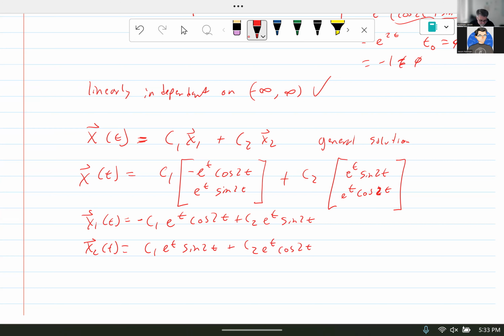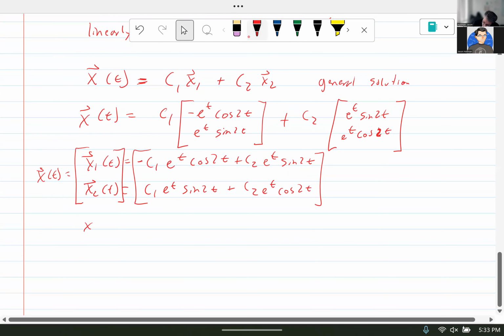They're saying that when we plug in 0 to get x of 0, we end up with 3, 2.